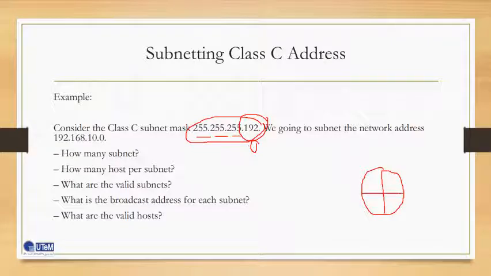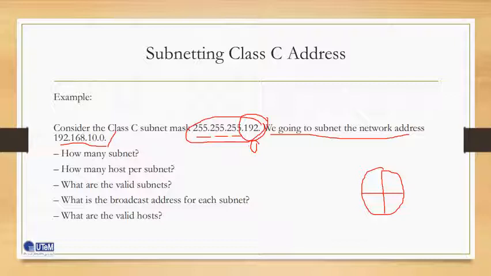We don't know yet how many subnets have been made, so we are going to answer this question. We are going to subnet the network address 192.168.10.0. Look at the subnet mask to know how many bits are one.